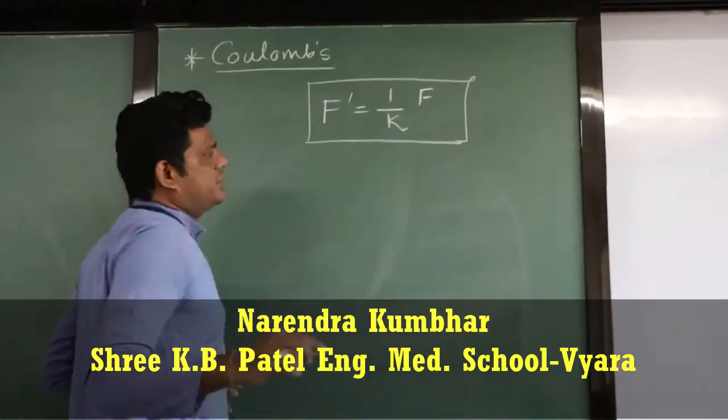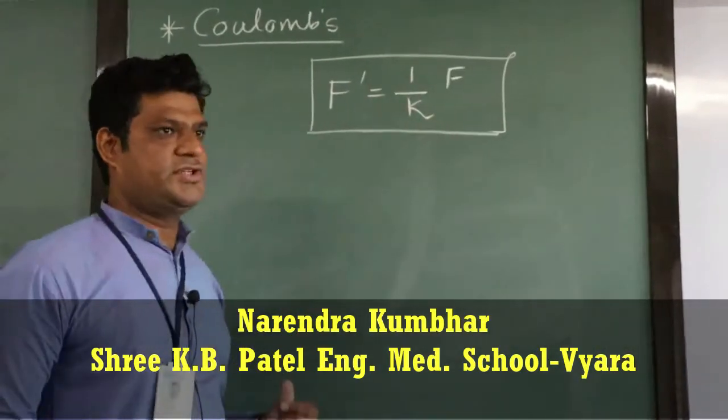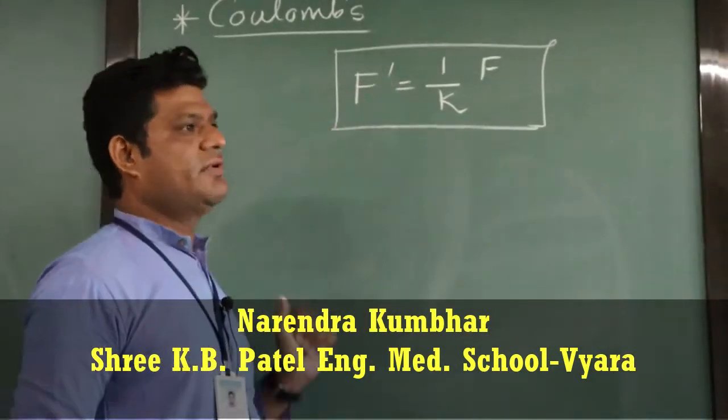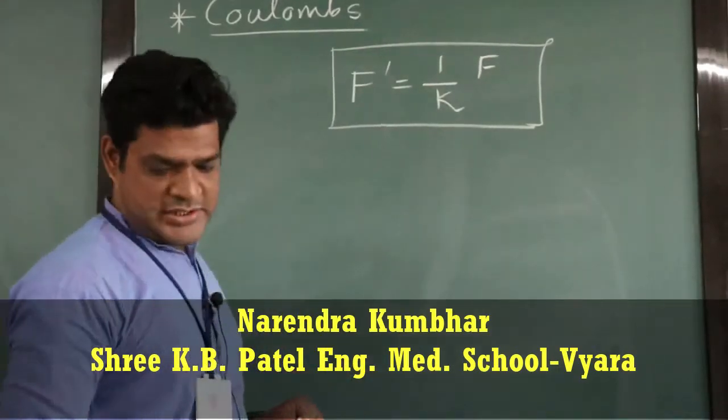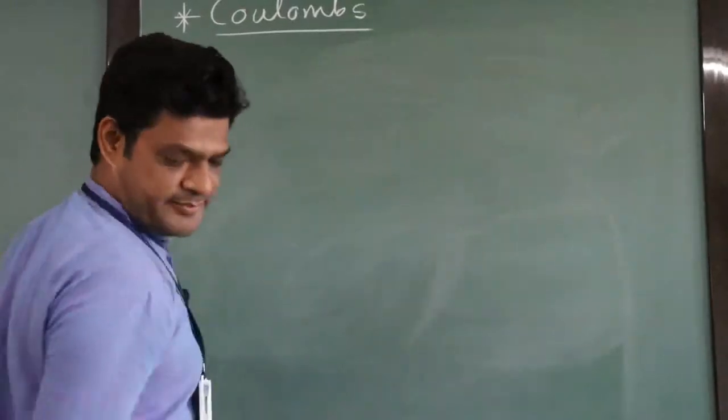On the basis of this formula, we have lots of questions. So keep in mind or learn this formula properly, right? Now we are moving towards Coulomb's law in vector form.